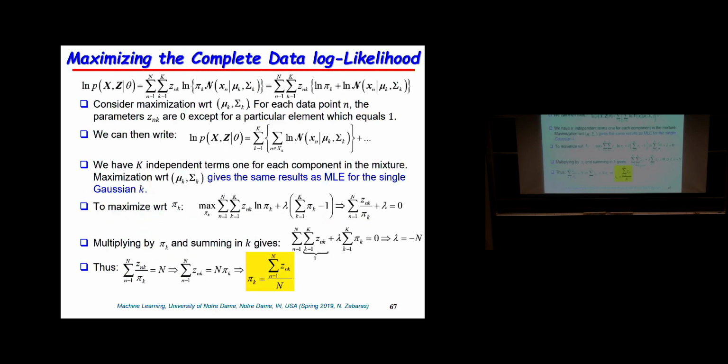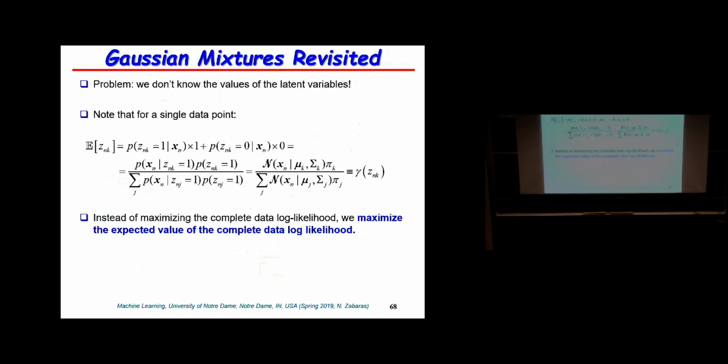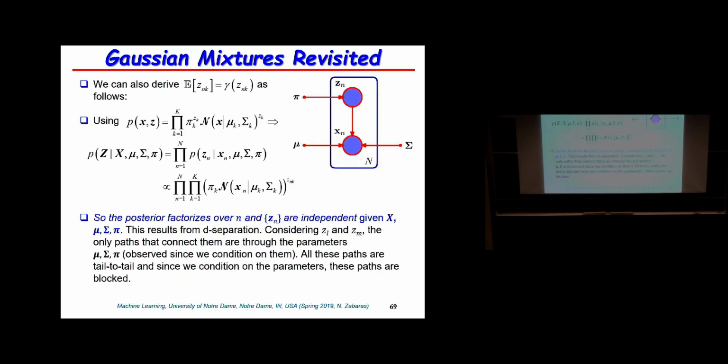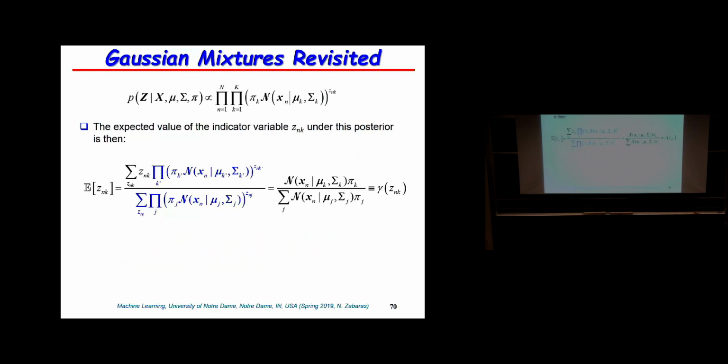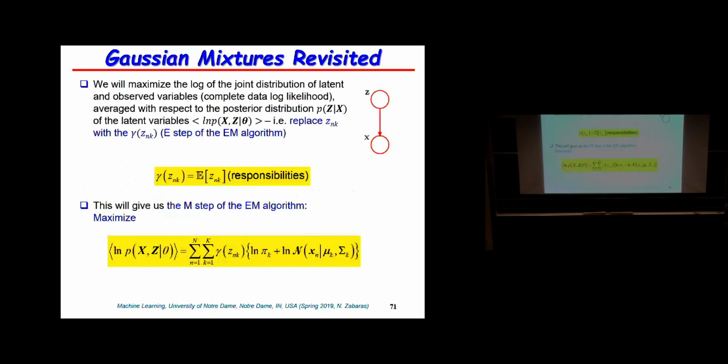So the rest, I'm basically just recalculating for you all the things we had before. And here is a proof, by the way, that for a binary variable the expectation is the same thing as the posterior probabilities, which we call gamma. The brackets here indicate the expectation of the complete data log likelihood.